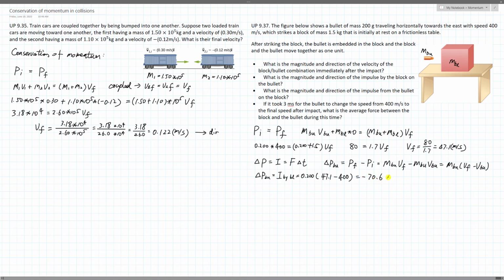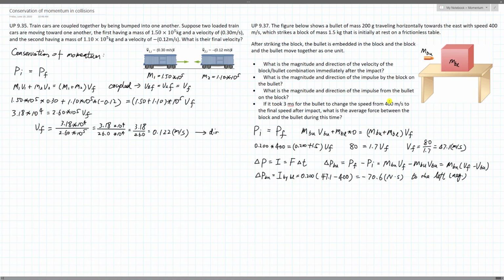And this impulse has a unit of Newton seconds. So this is the impulse on the bullet by the block. And the next question is the magnitude. Okay, direction. Sorry, the direction is to the left because it's negative, right?